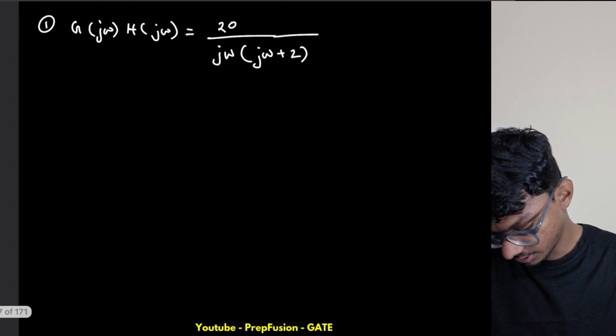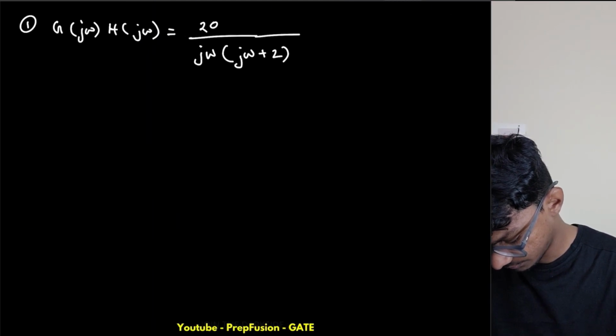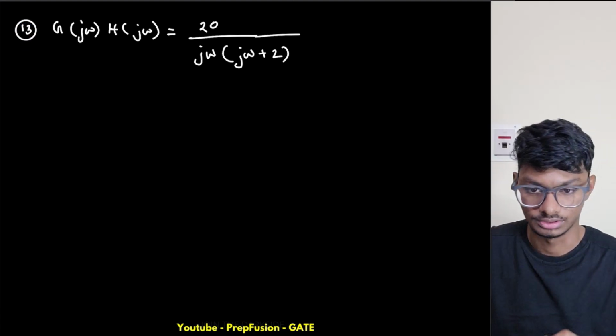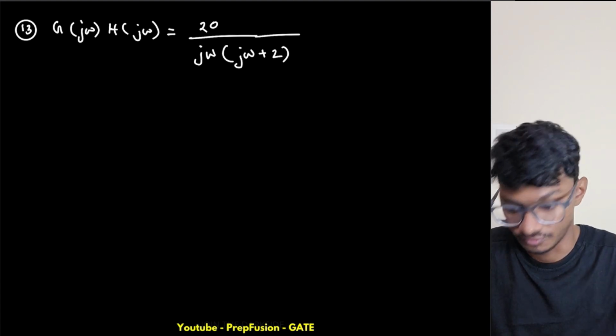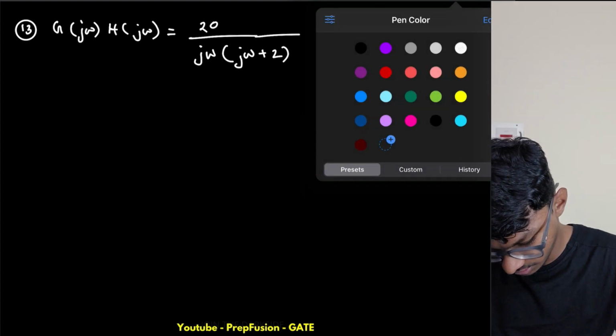This is not 1 actually, this is 13. This is certain, then what will happen? Now what is my magnitude function? My magnitude function is something like this. Let me take another color.